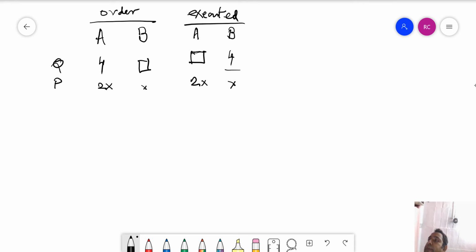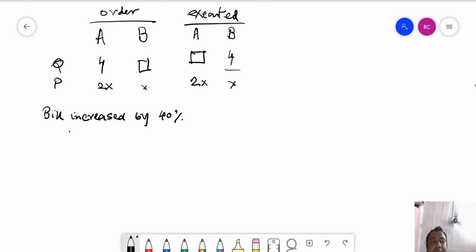So now the problem is saying that the bill increased by 40%. So when the bill is increased by 40%, what does it mean?